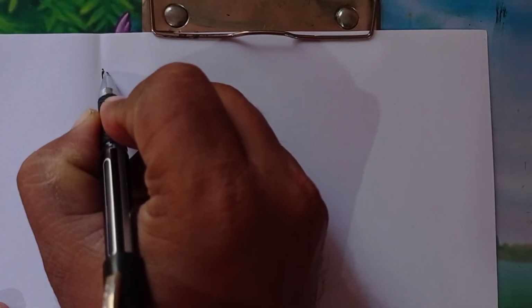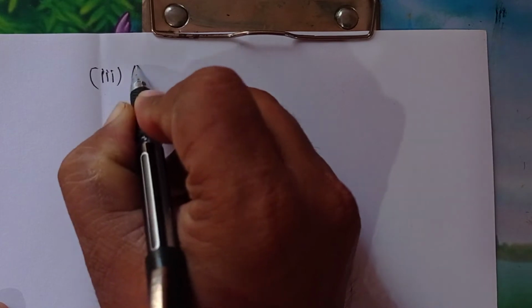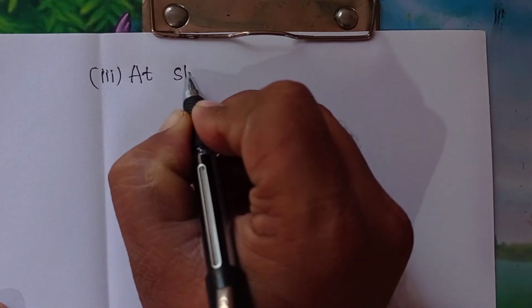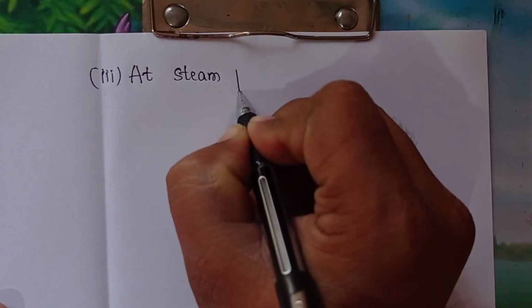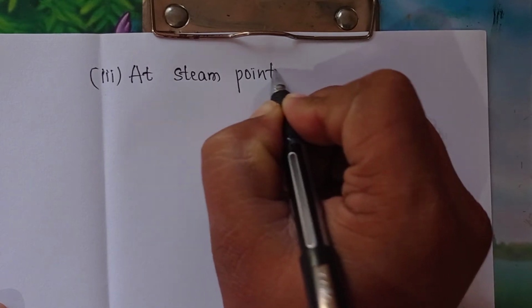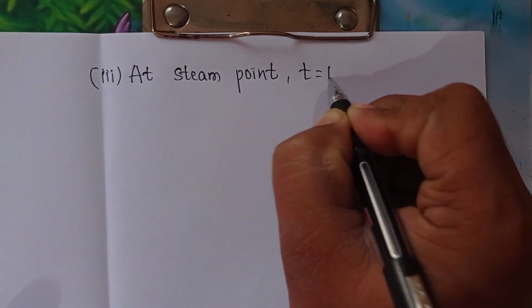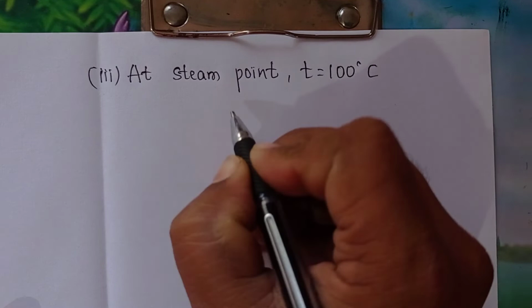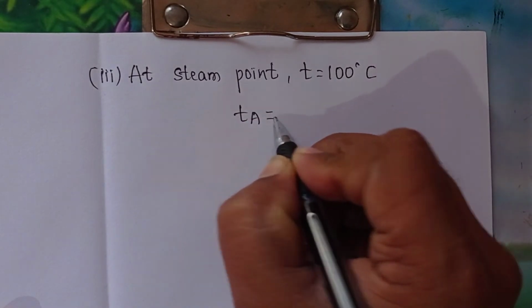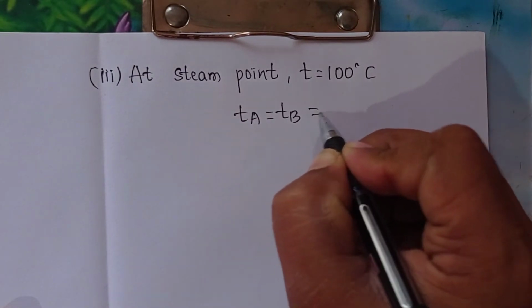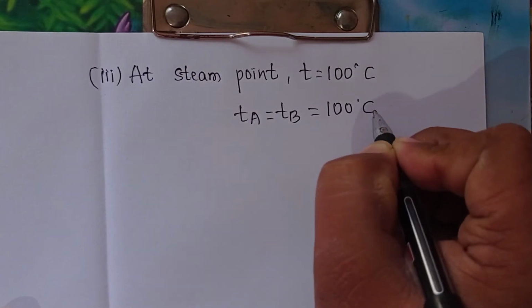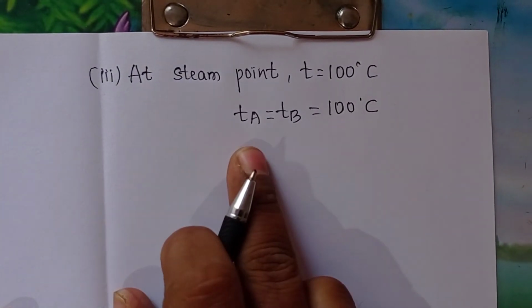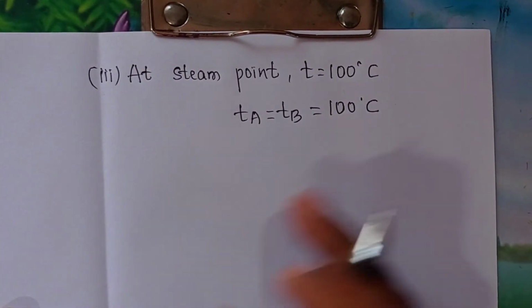Now let me take the second condition, that is at steam point, that is T is equal to 100 degree centigrade. So both the temperatures are 100 degree centigrade. So Ta is equal to 100, Tb is equal to 100.